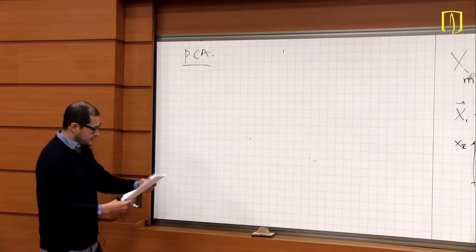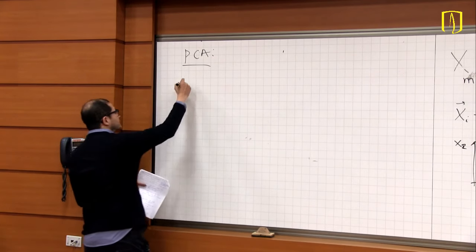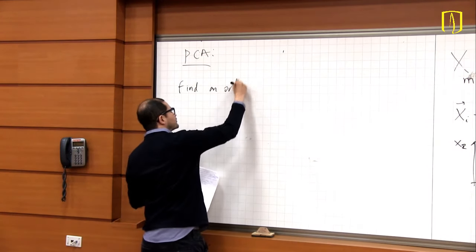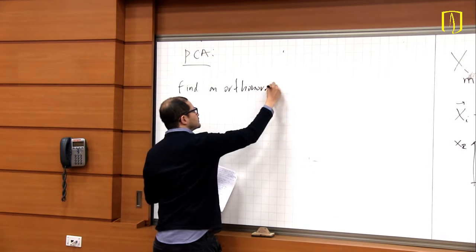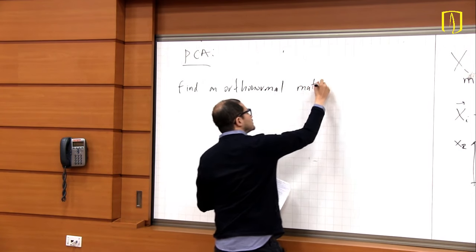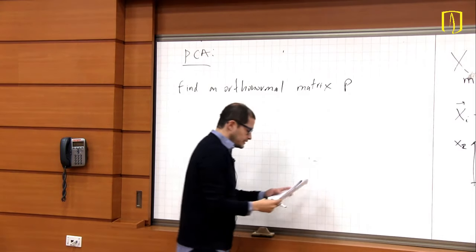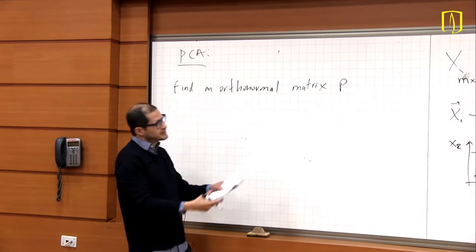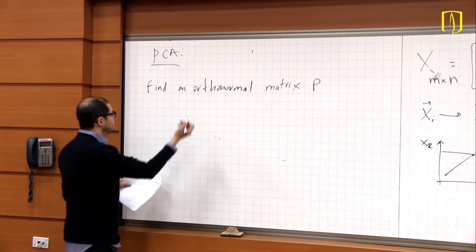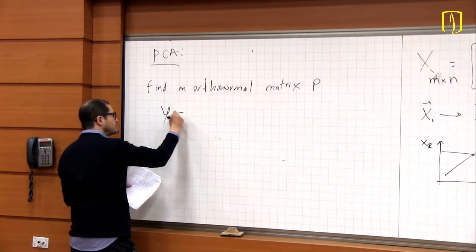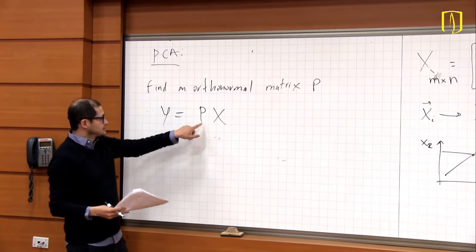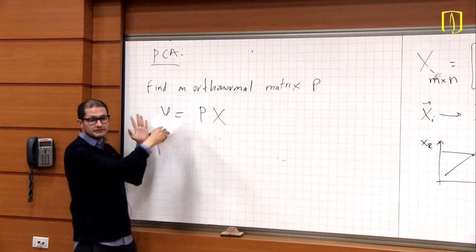So the idea is the following. We want to find an orthonormal matrix P such that it rotates these vectors x into vectors y, so that there's a linear relation between the two.